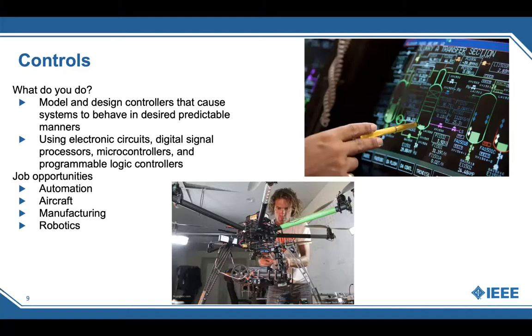That's all stuff that you'll learn later on. Job opportunities, you can look into automation, aircraft industry, manufacturing, and robotics. If you look on this picture on the bottom with the guy, he's messing around with this feedback system on this automated drone. So if you are interested in robotics, or if you like to work with your hands, controls would be the best emphasis for you, electrical major.